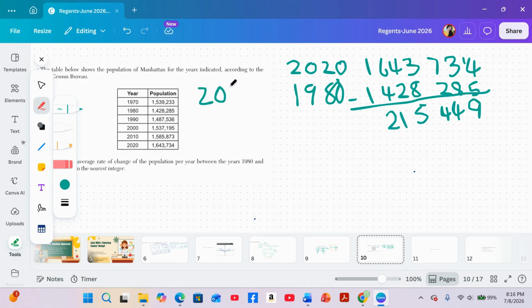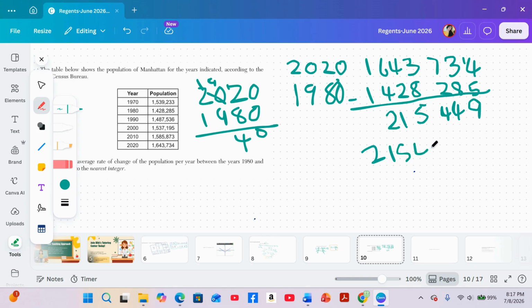So 2020 minus 1980, so that's 40. So we'll divide this 215,449 by 40.